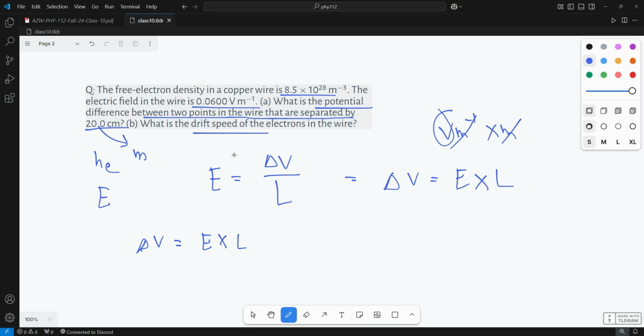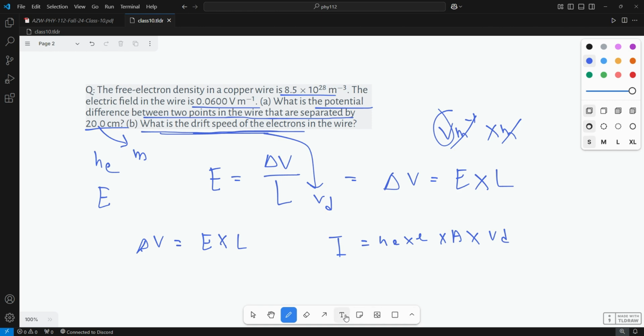And secondly, it asked for the drift speed or drift velocity. We can find it using the formula of I, where I equals Ne times e times A times Vd.